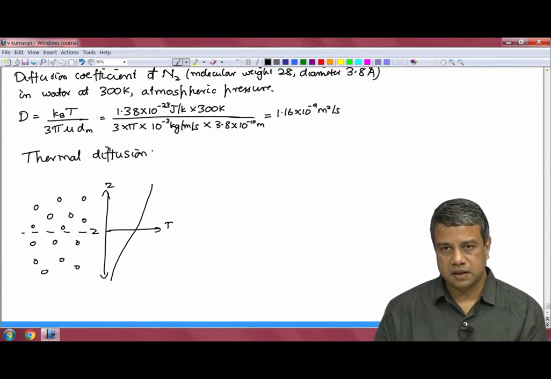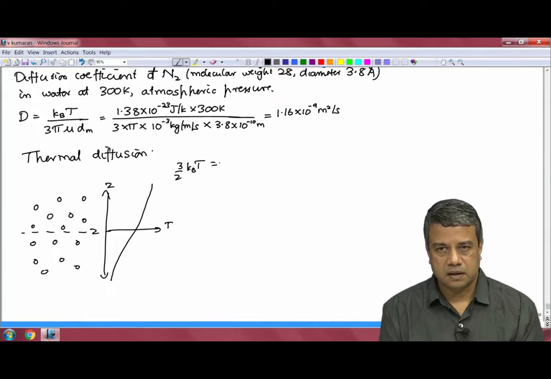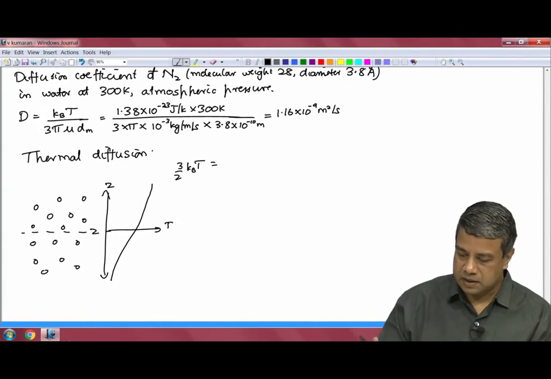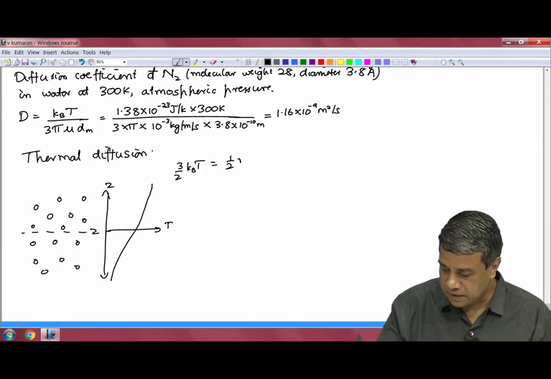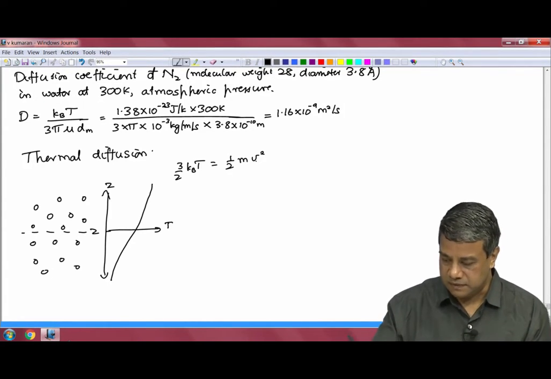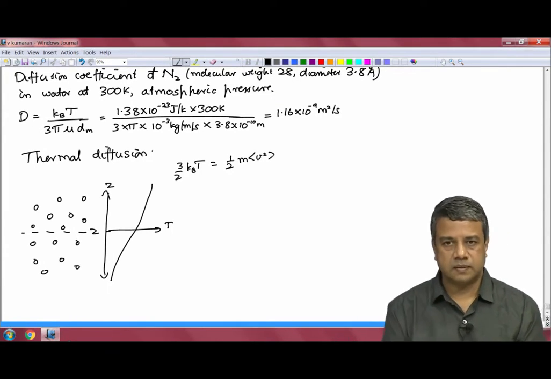Then the total translational energy of the system, for the translational modes, is 3/2 kBT. This has got to be equal to half m times the average value of v squared, which is equal to 3/2 kT.